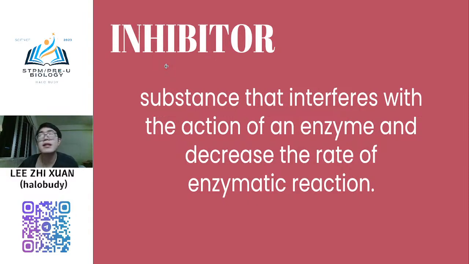Any substance, we don't care whether it is organic, inorganic or other, anything. If this substance can inhibit the reaction, decrease the reaction, prevent the enzymatic reaction, all of them we know as inhibitor. Okay, so this inhibitor is very important in the syllabus. It is also a very hot topic.